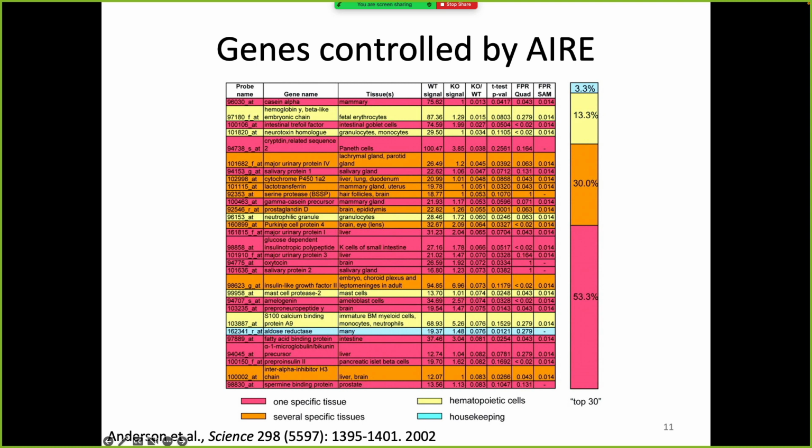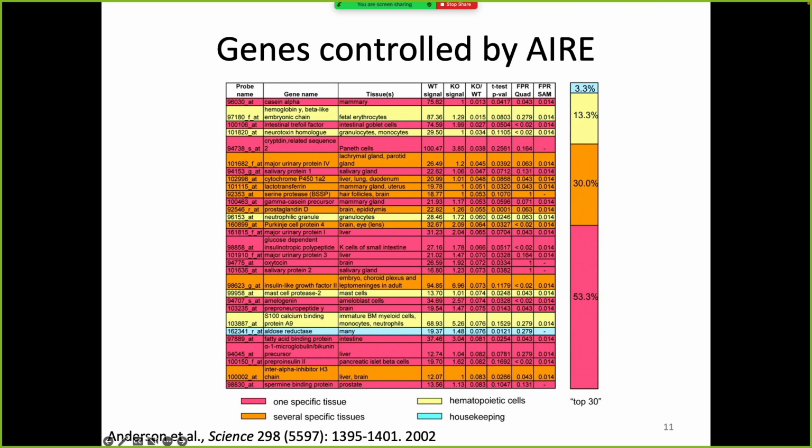This is actually a paper from where people had discovered AIRE, and they were looking at some genes whose transcription was controlled by AIRE in the thymus. And you can see that, for example, we have salivary protein, which is only made by the salivary glands, and also the thymus because of AIRE.